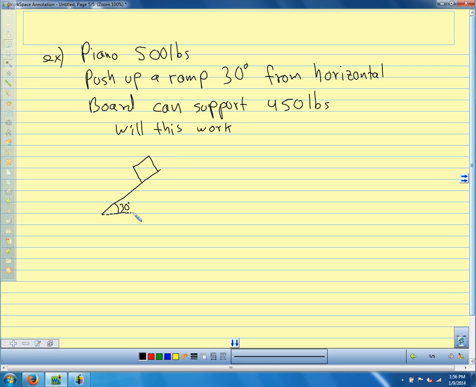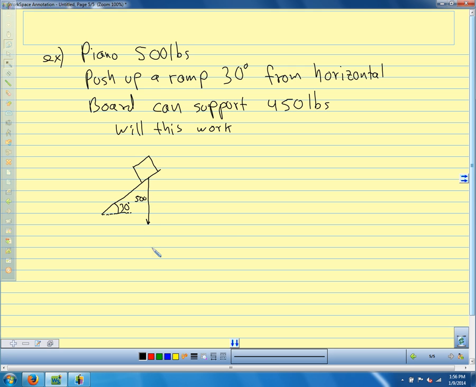So when we say the piano weighs 500 pounds, which direction is our vector that's talking about the weight of the piano going to point? Straight down. Our weight always goes straight down. So if we're going to draw the weight as a vector, our weight looks like this. And that magnitude is 500 pounds.